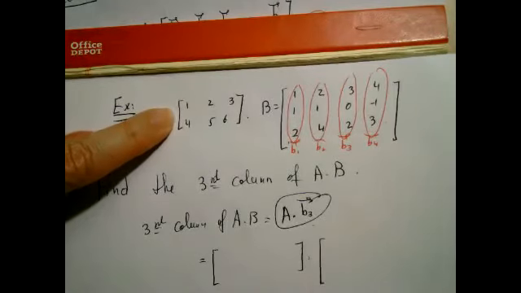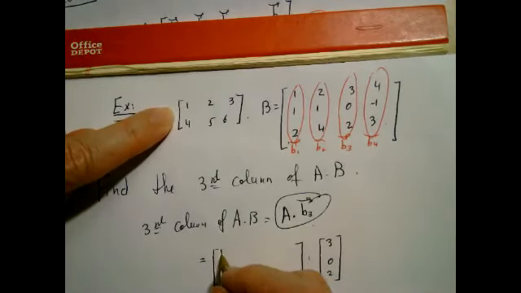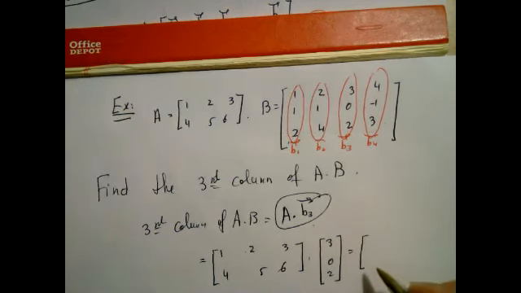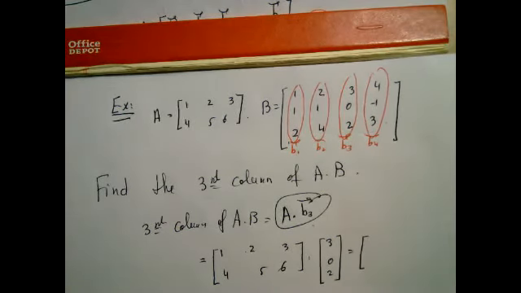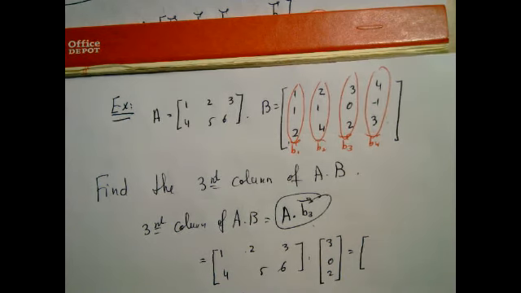So the rest is I just basically put the third column of B here, and 1, 2, 3, 4, 5, 6, and I can just multiply. And always we have to focus. Whenever you multiply, ask yourself, what should I get? What type of vector do I get? In this case, I have a 2 by 3 times a 3 by 1, so I should get a 2 by 1.